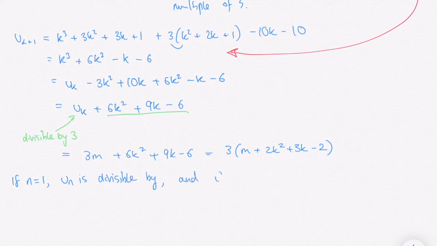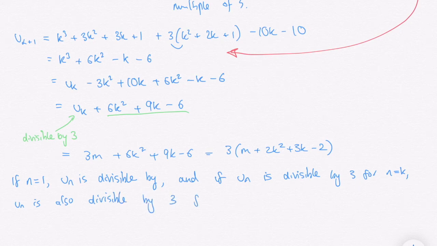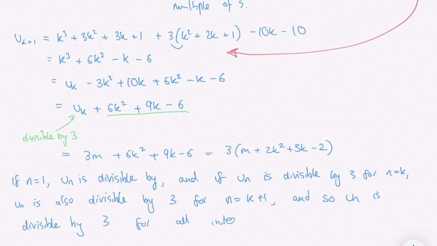And if u_n is divisible by 3 for n equals k, then u_n is also divisible by 3 for n equals k plus 1, and so u_n is divisible by 3 for all integers n greater or equal to 1.